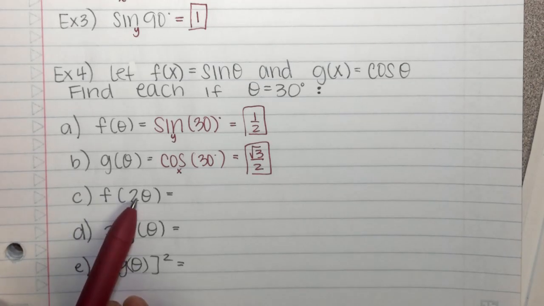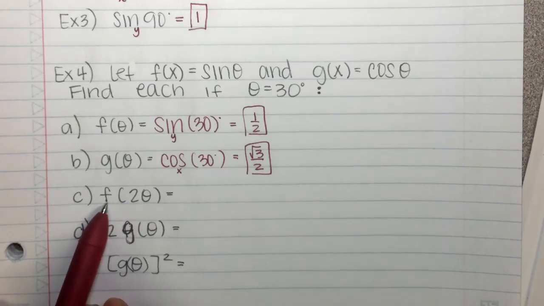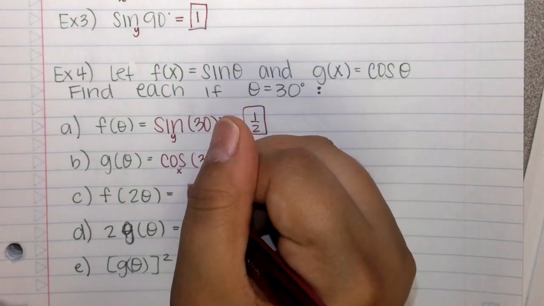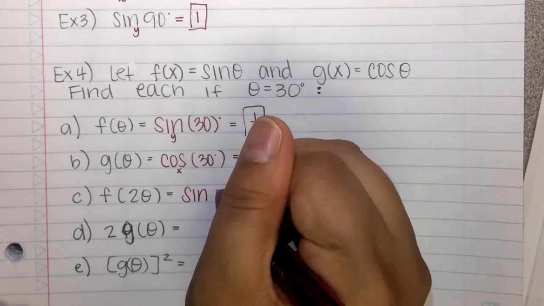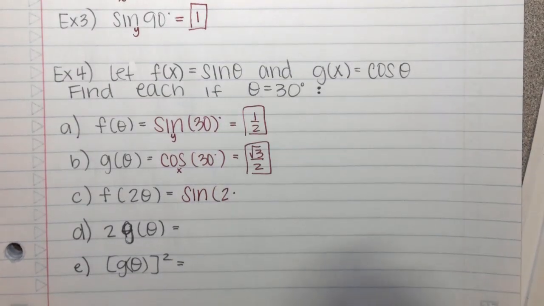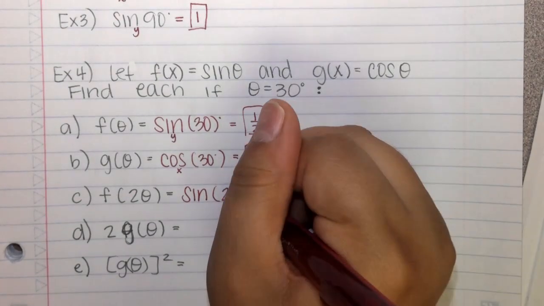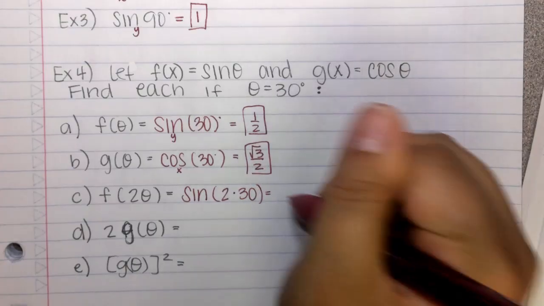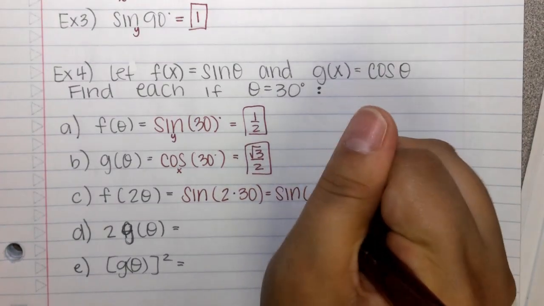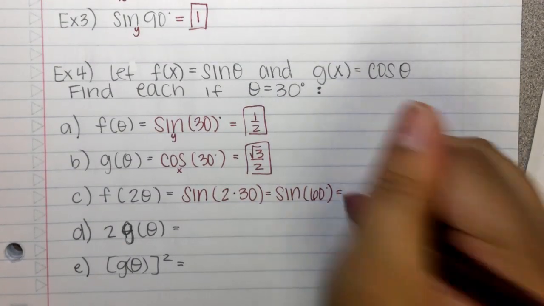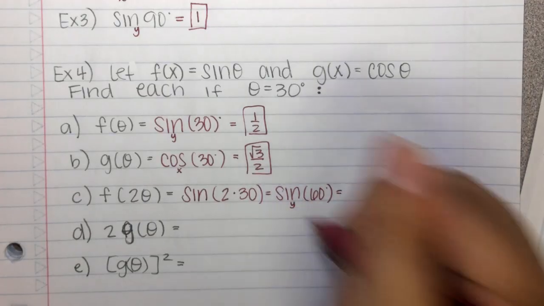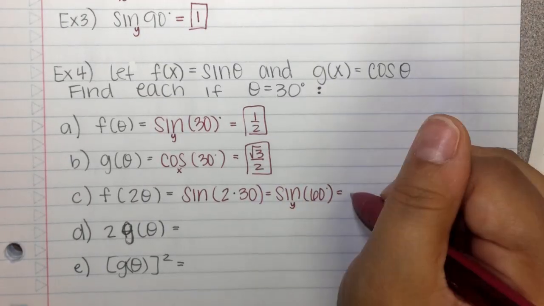What about f of 2 theta? What's f? The sine of 2 times, what's theta? 30. Well, what's 2 times 30? And what is the sine, or the y, at 60 degrees?